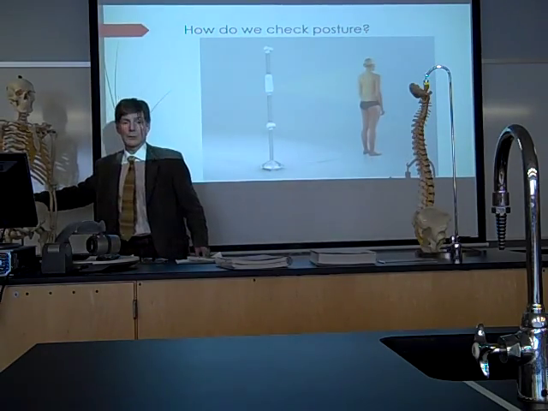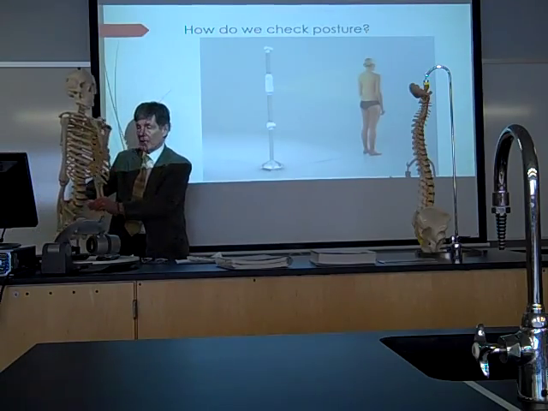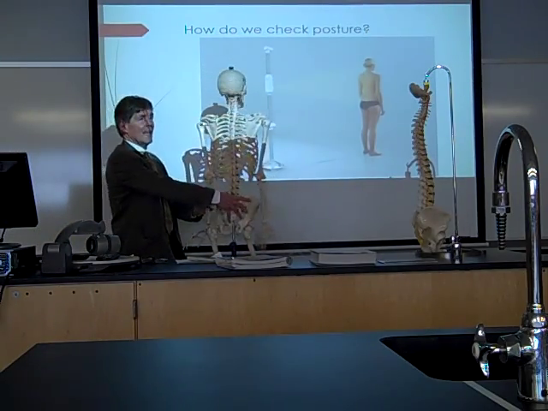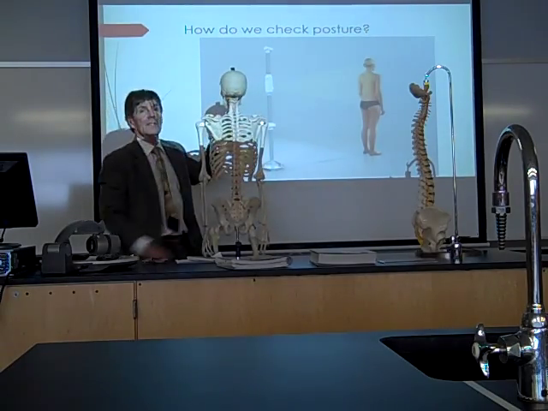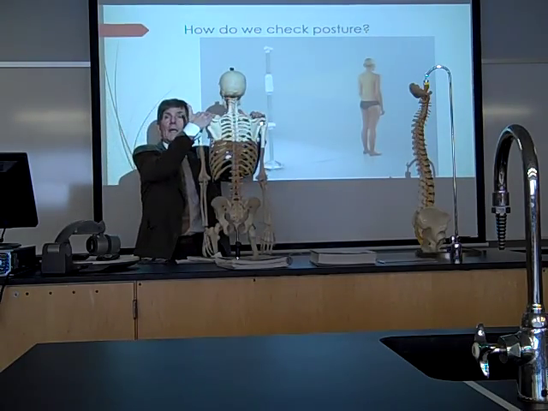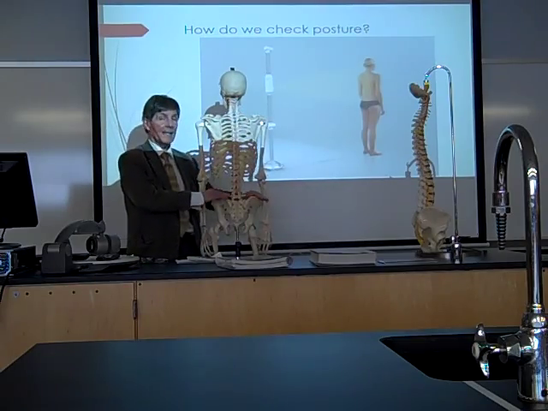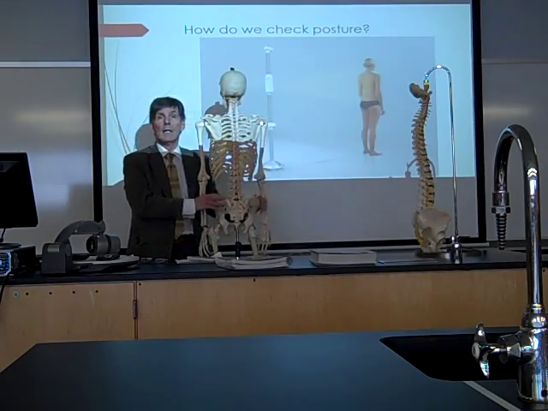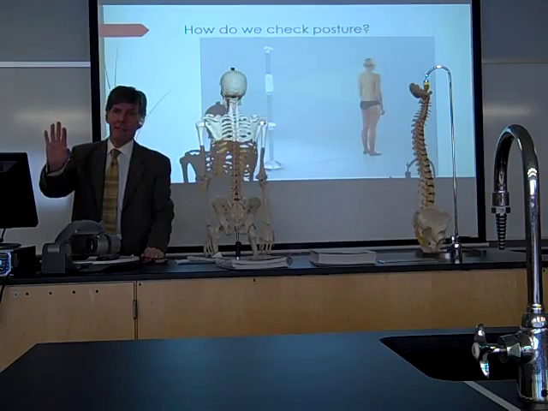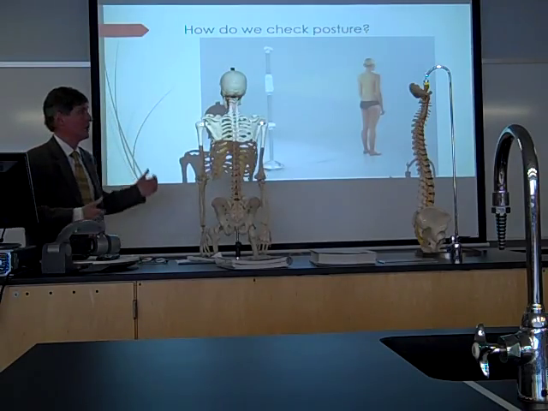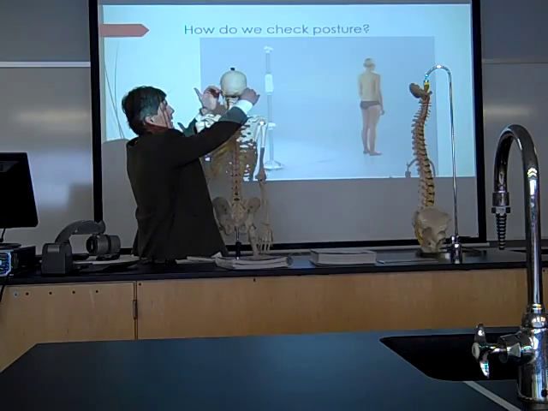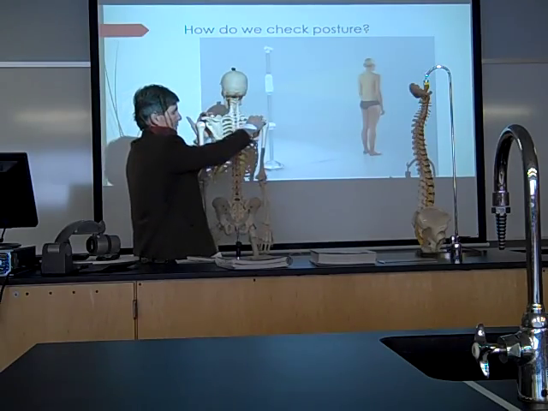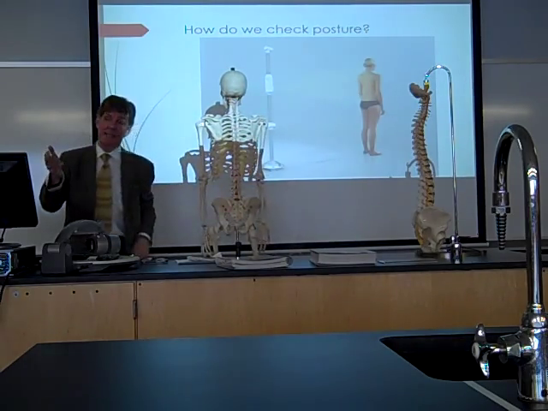What we want to see is that the ears are at a level position, that the shoulders are at a level position, and that the hips are at a level position. So on a posterior to anterior or anterior to posterior view, we want to look at those key components. We want to look at the ears, the shoulders, and the hips.